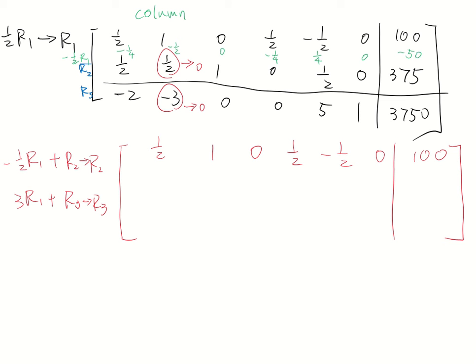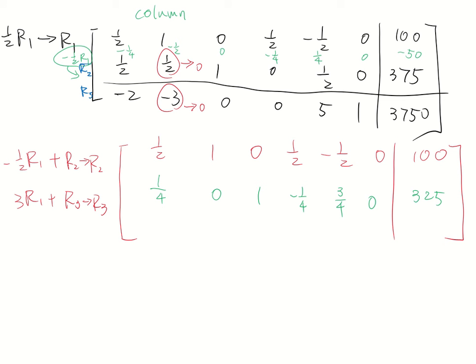Okay, I'm going to add negative 1/2 R1 to R2. That will give me 0, 1, 0, negative 1/4, 3/4, 0, and 325. That's our new R2.